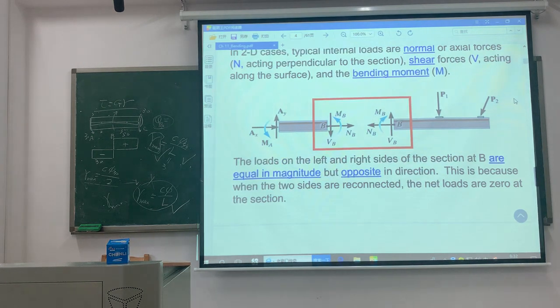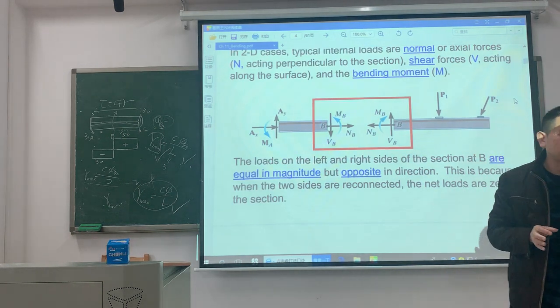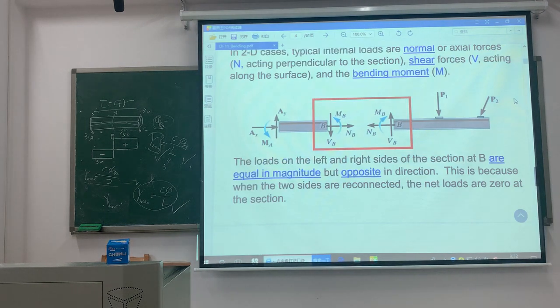So beam is more difficult than the previous three kinds of deformation. Beam deformation is the important part for this subject because it is more complicated.